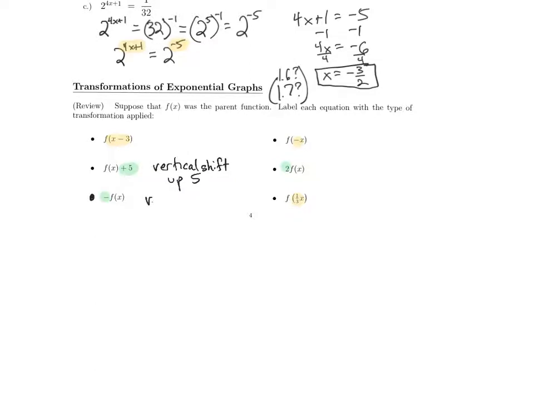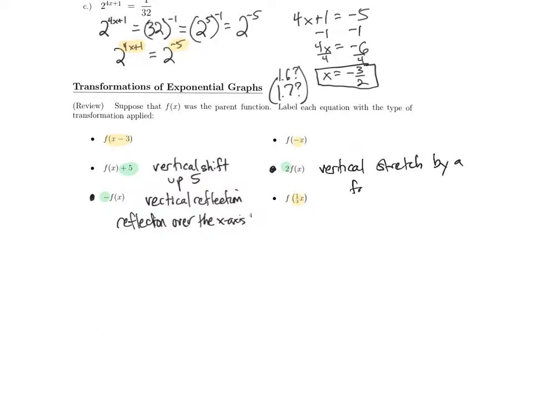We already said that it's on the outside, so it's a vertical reflection, which is a reflection over the x-axis. And if we go over to our last vertical one, it's multiplying by 2. So this is a vertical stretch by a factor of 2.